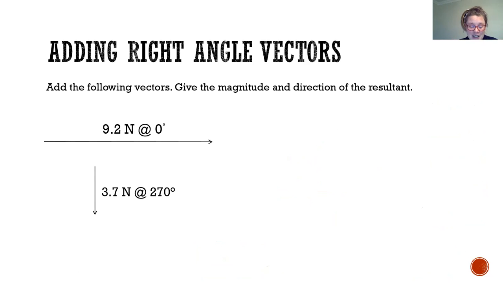Let's do the same thing. I've got a couple more questions for you. I want you to add the following vectors. First, let's do a little sketch of what it's going to look like. This sketch will help us figure things out.